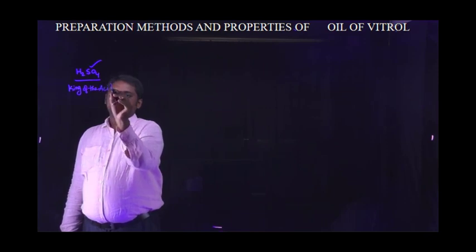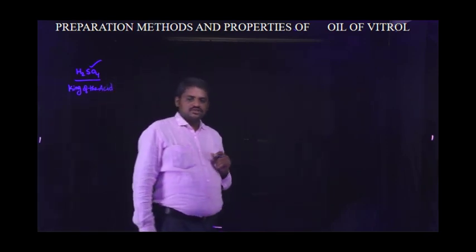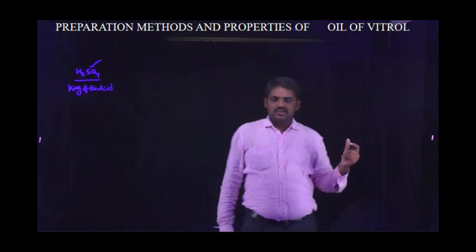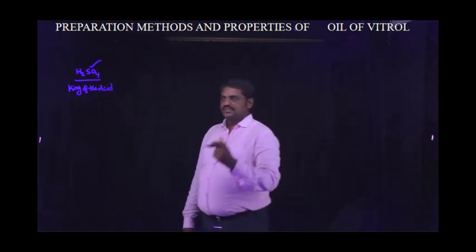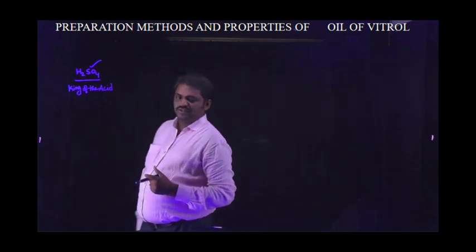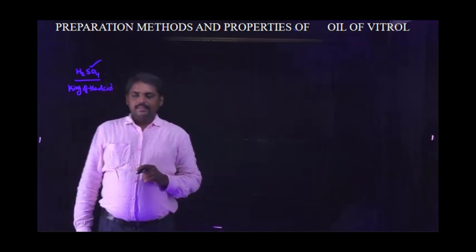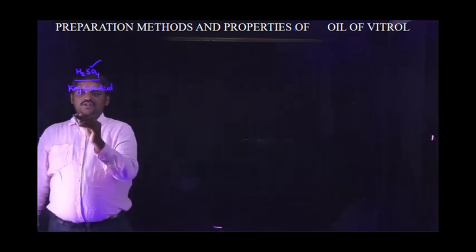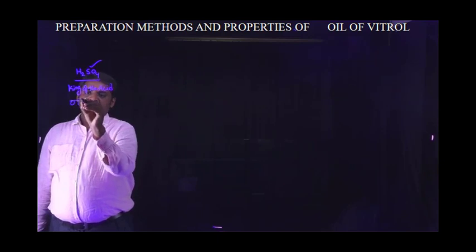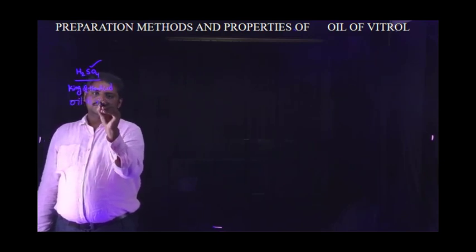This is the strongest acid compared to others, and due to that this acid is known as king of the acid. And another name for this molecule is oil of vitriol.